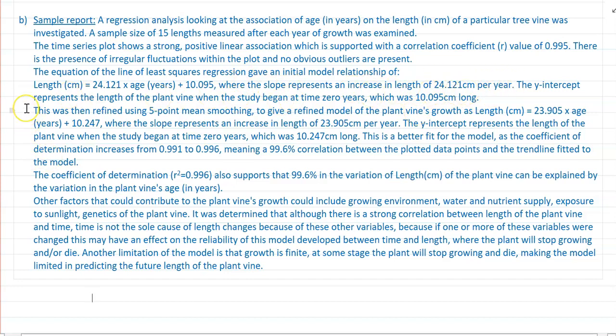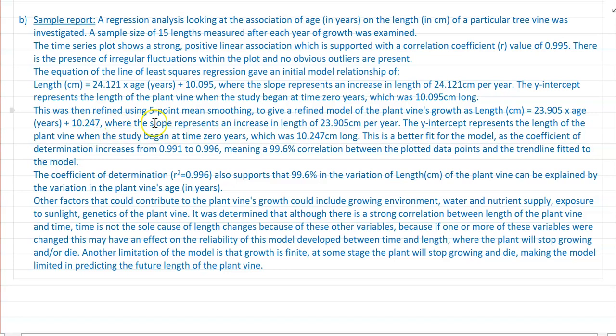y-intercept. Then I think it's super important that you move on to refining your model using that 5-point mean smoothing, and that gives your refined model of its length being 23.905 times the age of the plant vine plus 10.247.